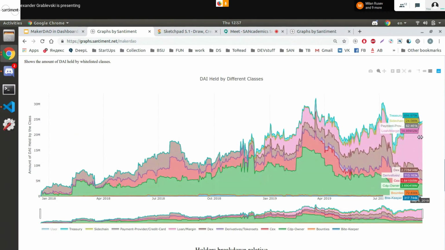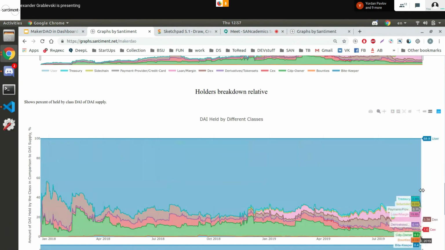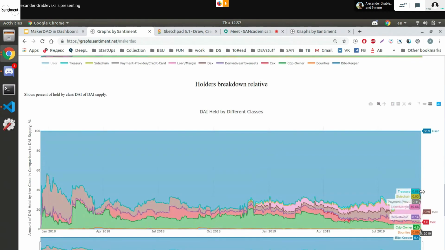That's the platforms that give you services for loan or margin on your coins. And you see this category owns about 20% of all DAI, which is a lot actually. It shows you that 20% of DAI are used on other DeFi platforms, which is an interesting stat.